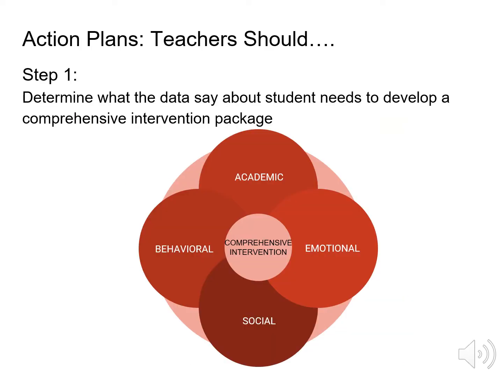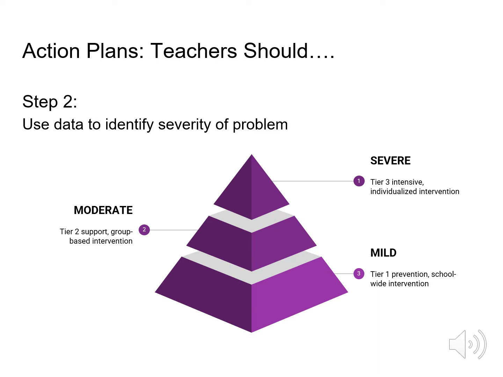The first step of the action plan development is to examine student data to pinpoint students' academic, behavioral, and socio-emotional needs. In examining student data, teachers will determine the severity level of the problem. Here, we categorize the severity of problem into 3 levels: mild, moderate, and severe.